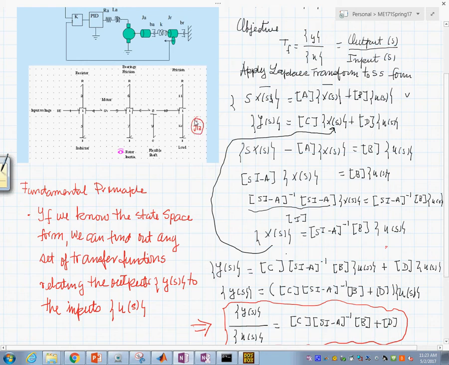So this is one output. And let's pick up another output. I think I would like another output also. We could pick one on the electrical side. You could pick the voltage on the inductor. How about that? So this would be like E sub 3.